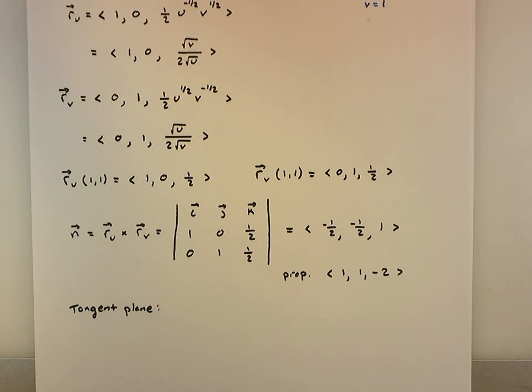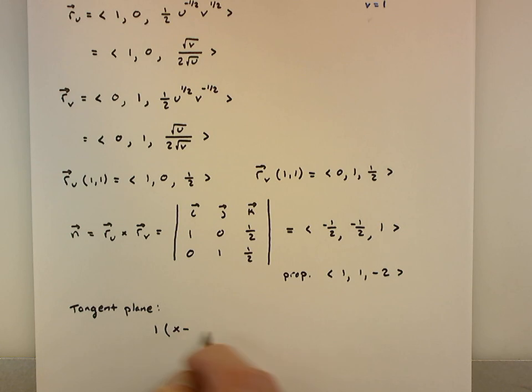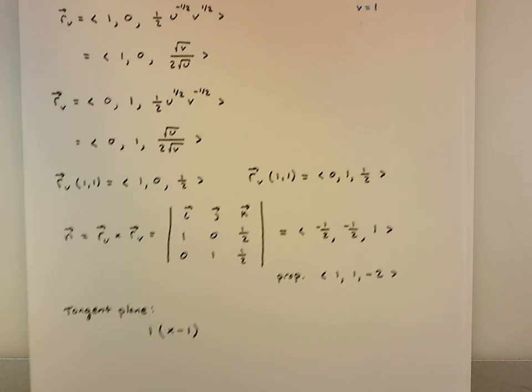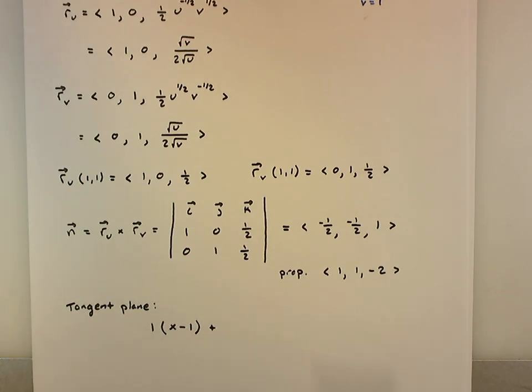can be found by taking this component, which is 1 multiplied by x minus the point is 1, since this started at the point 1, 1, 1, plus this component 1 multiplied by y minus the point when y is 1, minus 2 multiplied by z minus the point 1, which is equal to 0.